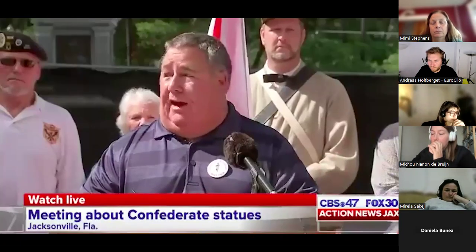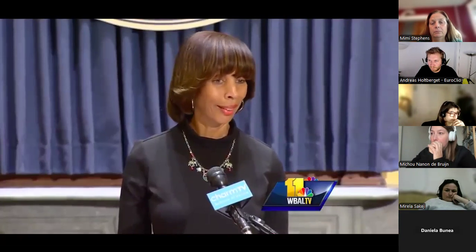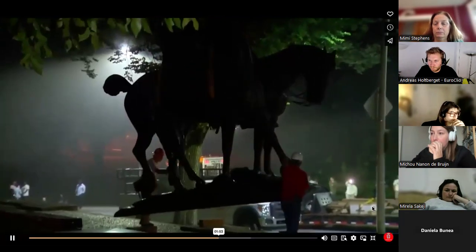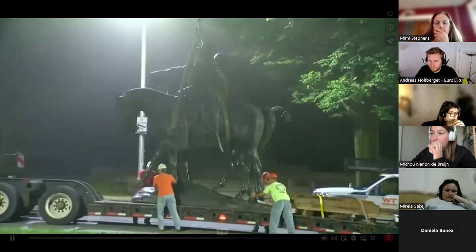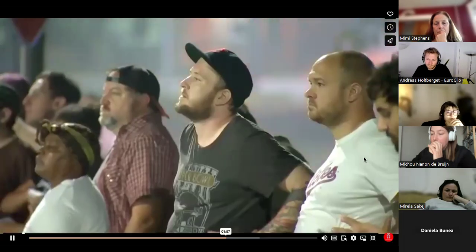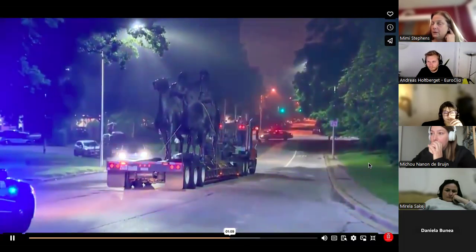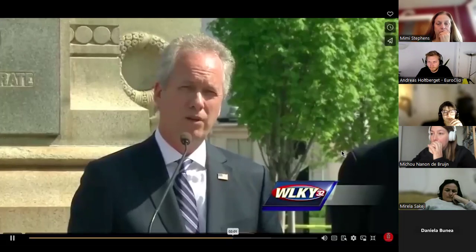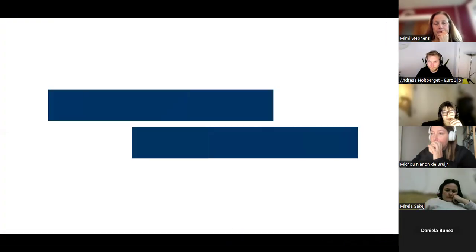Let the people of Jacksonville vote on this issue. There's enough grandstanding, enough speeches being made. Get it done. The stain of slavery and racism that this monument represents for many, many people has no place in a compassionate, forward-looking city.